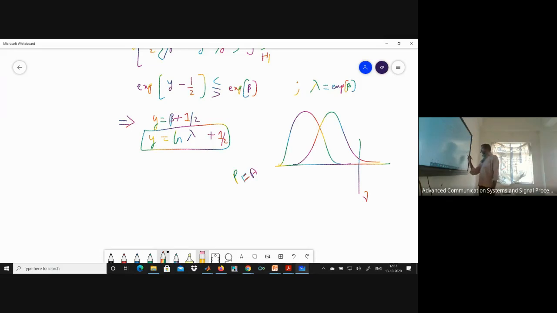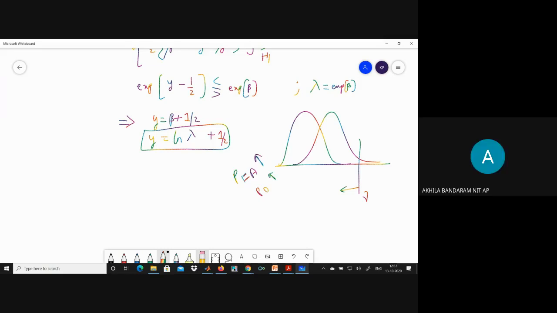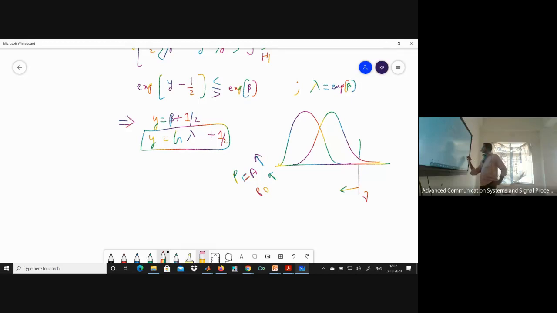Now, can I move this threshold to the left side? If I move gamma to the left side, probability of detection obviously will increase, but that will also increase the probability of false alarm. That is not the appropriate solution.